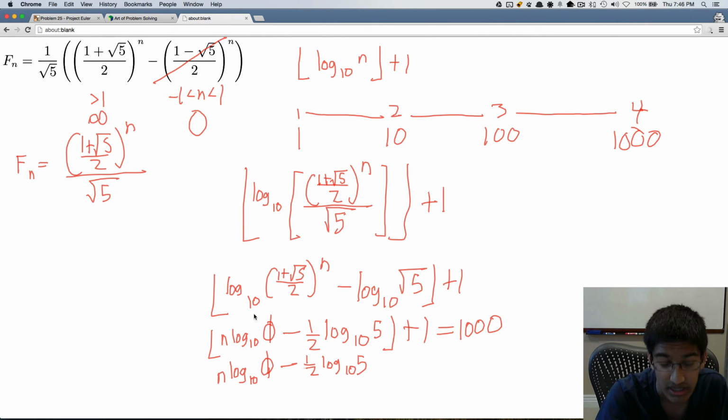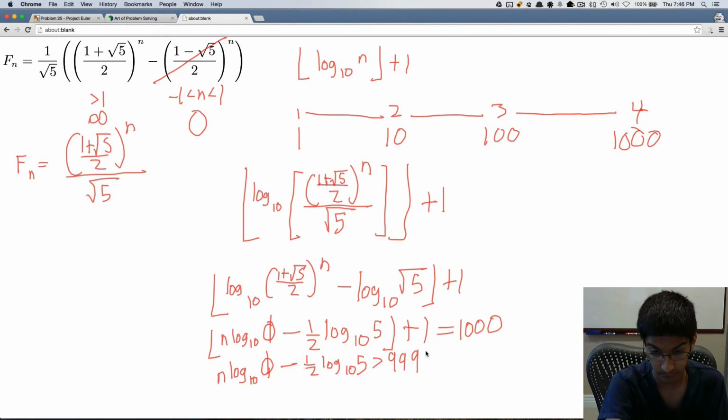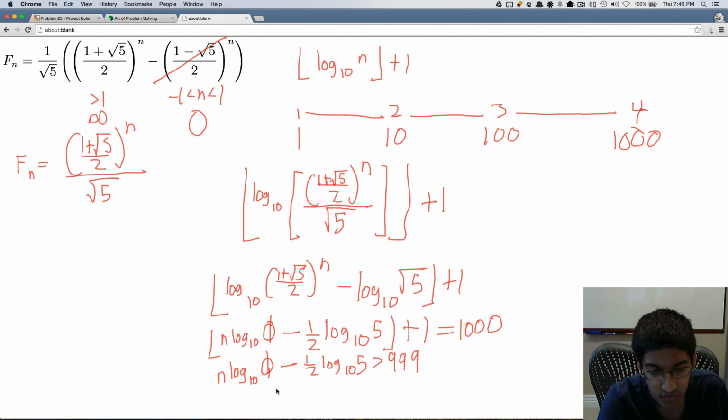And we know that if the floor of this is equal to 999, this must be greater than 999. And we want to find the first integer value of n that satisfies this. So we're going to solve for n.